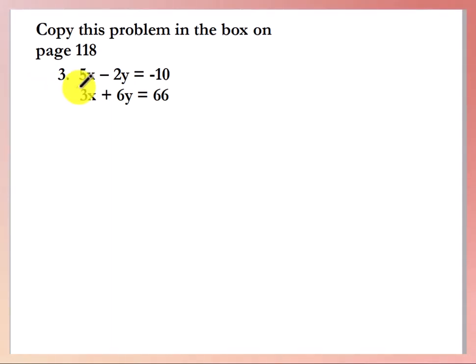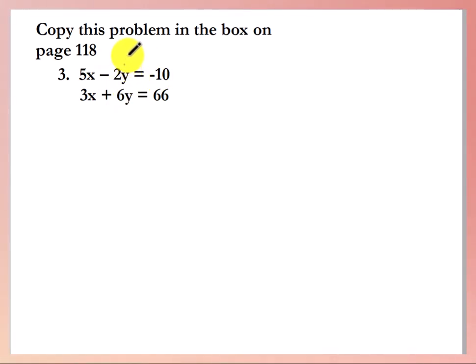All right, so we have 5x minus 2y equals negative 10, and 3x plus 6y equals negative 66. I'm going to look real carefully, and I can see that I can change 2. We have a negative and a positive, but I want to change that 2 to a 6.